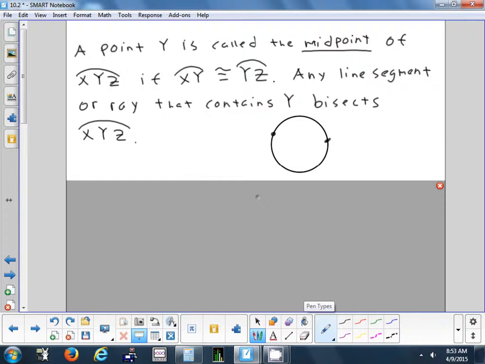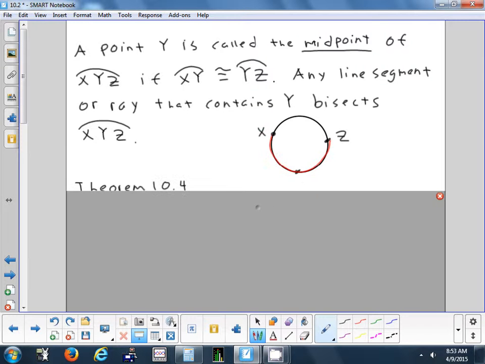Okay, so here's arc X. We'll make that Z. We'll make that Y. Okay, here's my arc. If arc XY and arc YZ are congruent, then Y is the midpoint. Okay? So if arc XY and arc YZ are congruent, Y is called the midpoint.